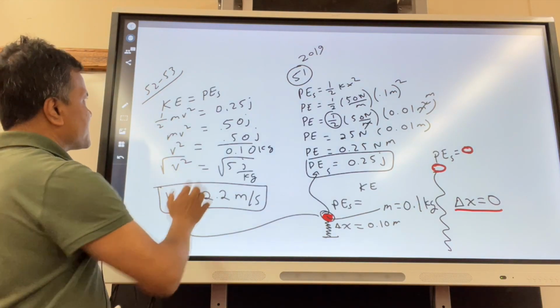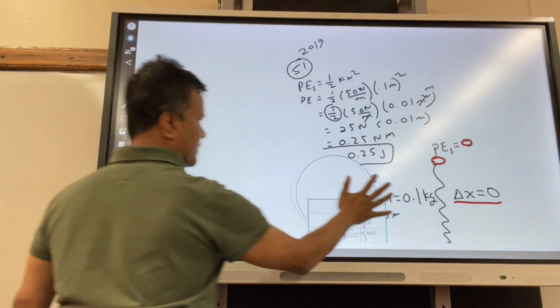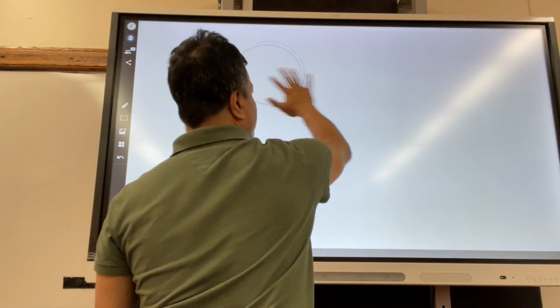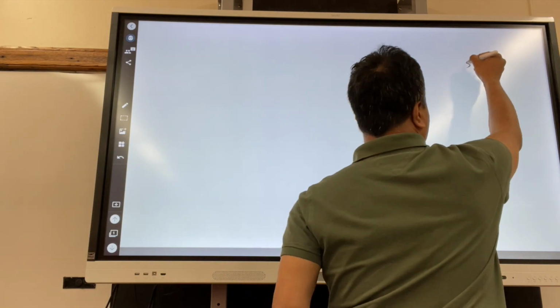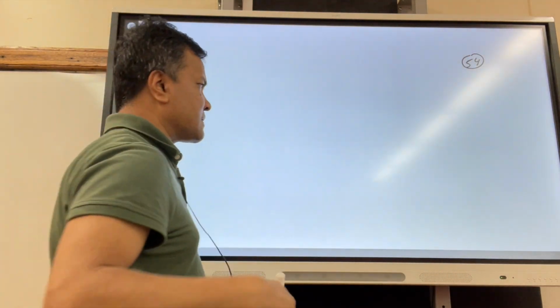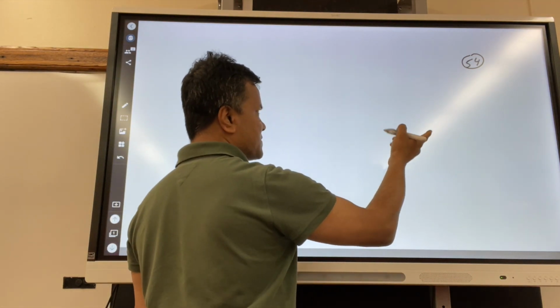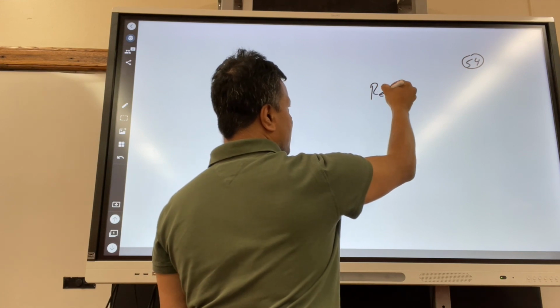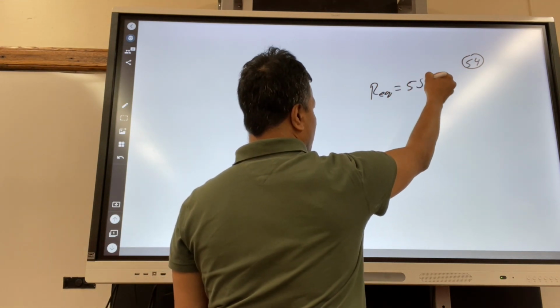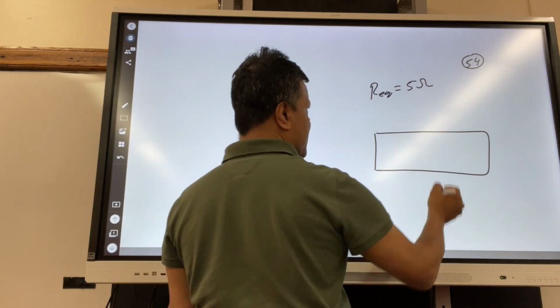Okay, next problem we're going to do 54. The problem 54, we have to draw a parallel circuit because the equivalent resistance is 5 ohms. So which combination gives you 5 ohms?